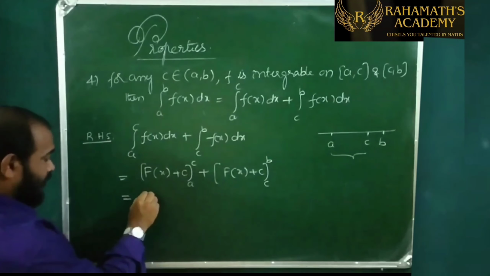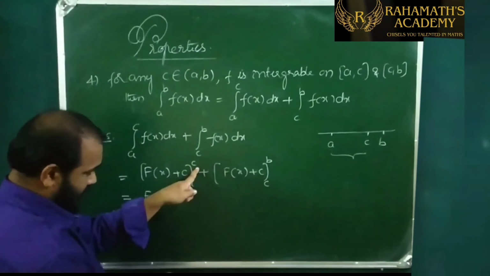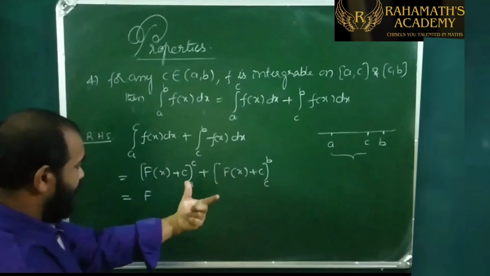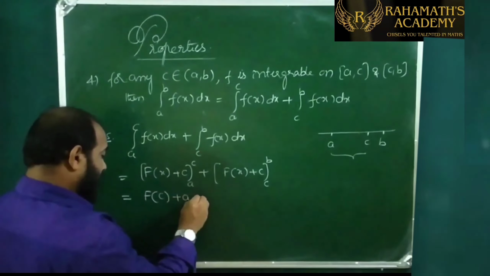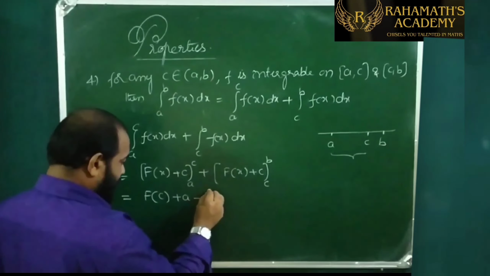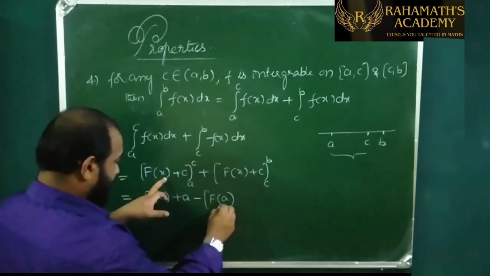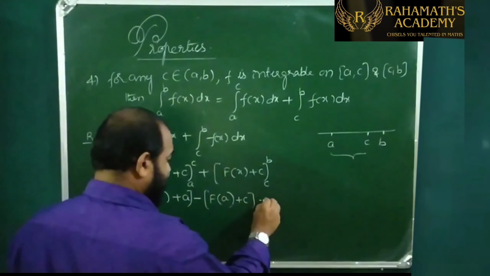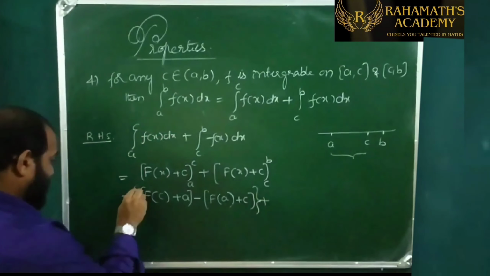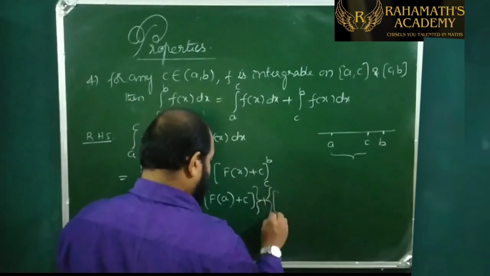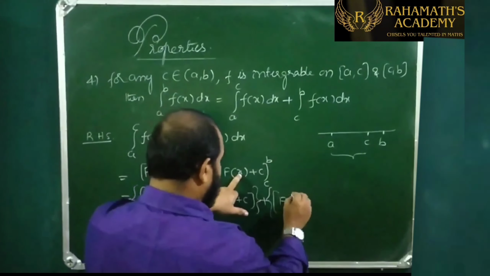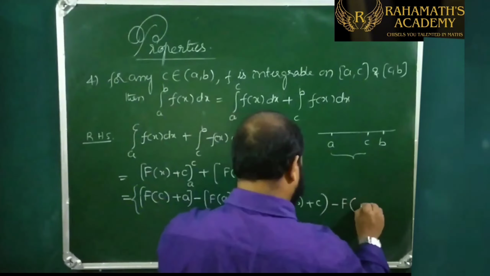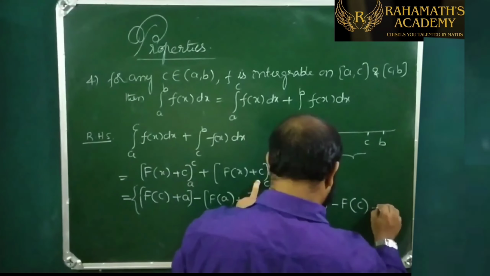That implies, simply substitute the upper limit minus lower limit value, which is the definite integral. So F of c plus c minus F of a plus c, plus here F of upper limit b plus c minus F of lower limit c plus c.